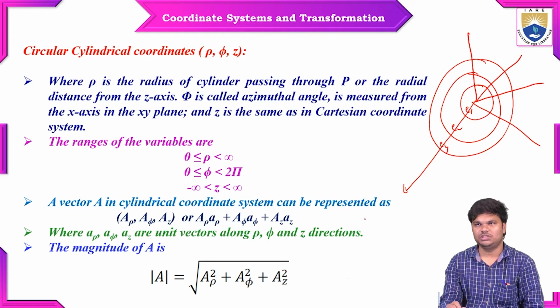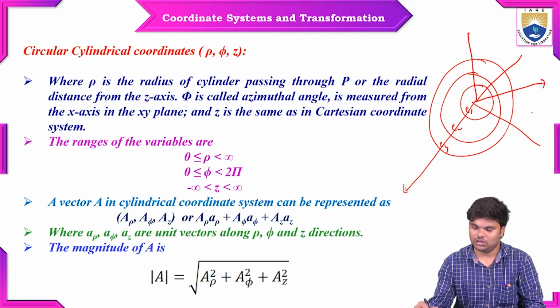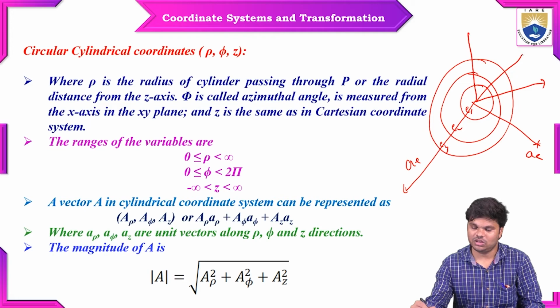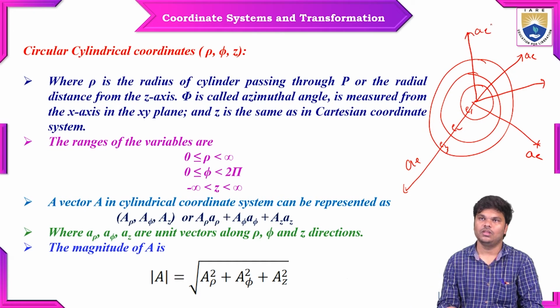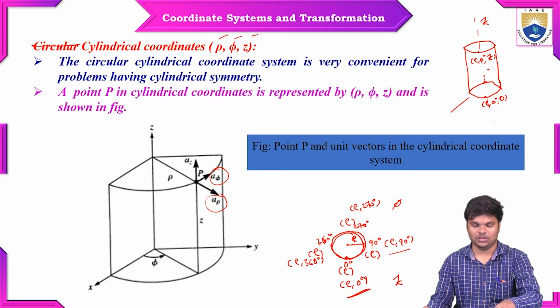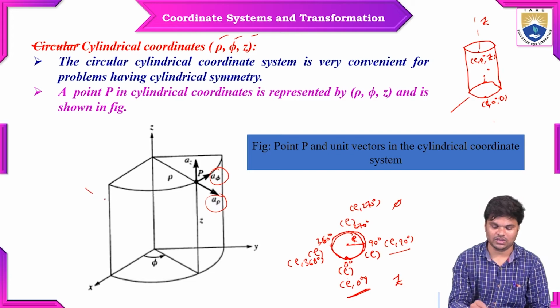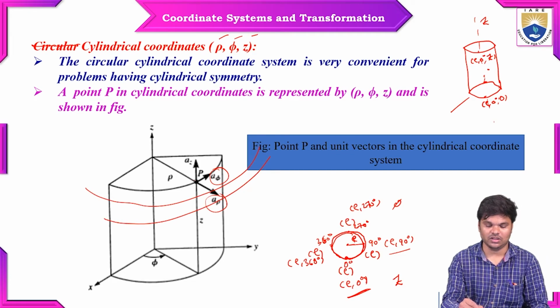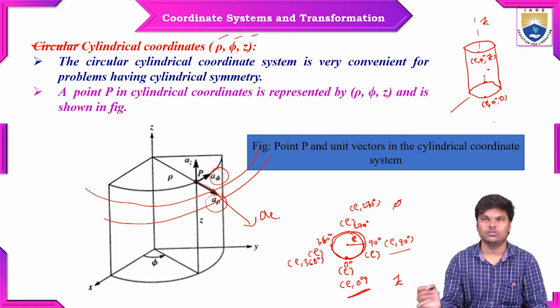In the Cartesian coordinate system also, on the x axis we have increasing values of x. On the y axis we have increasing values of y. On the z axis we have increasing values of z. So my arrow direction will also be in the increasing values of rho. Okay, so that's why here you can see this rho. If I take another cylinder here, this is A rho.